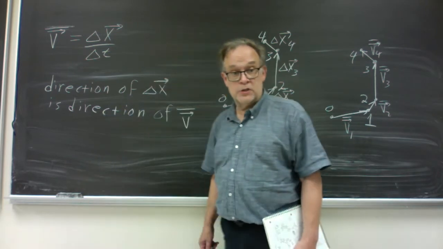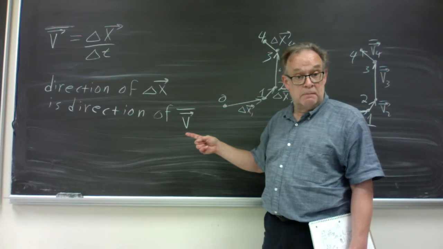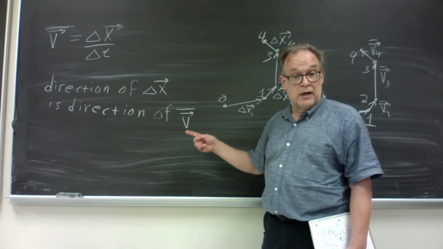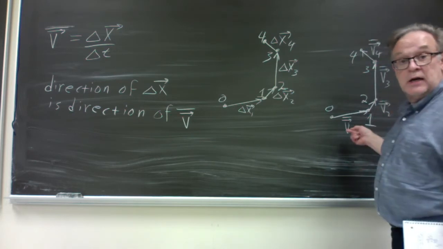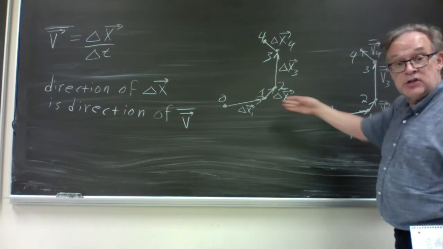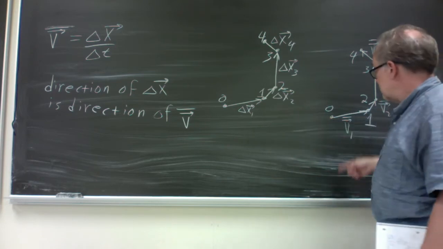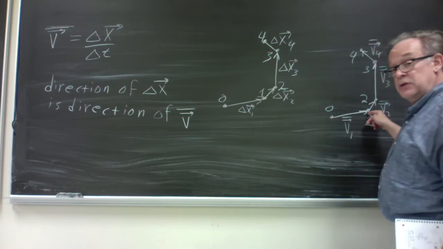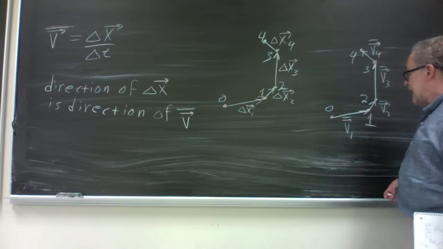Well, first of all, the direction of displacement is the same as the direction of average velocity, and all these average velocity arrows have the same direction as the corresponding displacements, that is, pointing from the initial to the final location in each time interval.